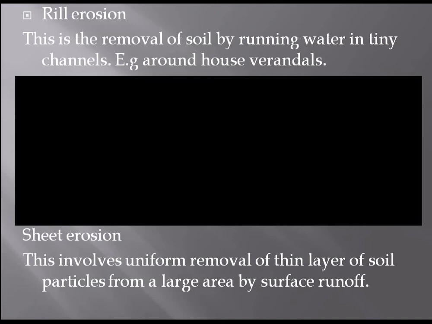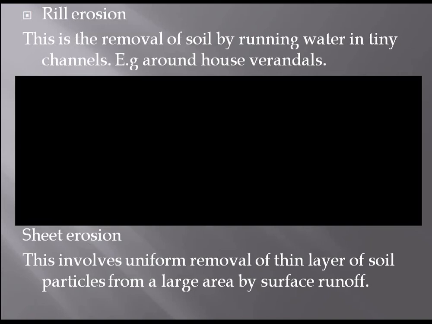Rill erosion. This is the removal of soil by running water in tiny channels, for example, around our verandas. You've seen these channels. There is a simple video that I want you to look at, but before we look at it, let's look at sheet erosion.